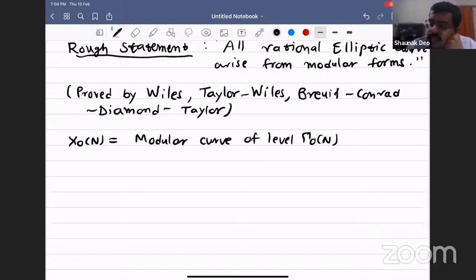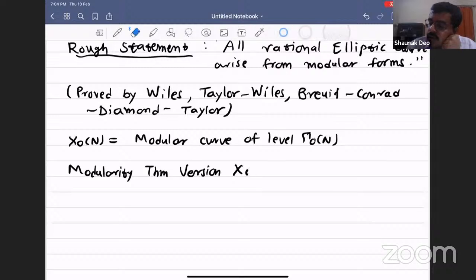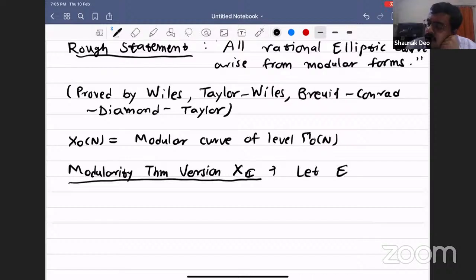Okay, so the first version that I had stated was the modularity theorem, version XC. This C will keep on denoting that we are over complex numbers. So this is a Riemann surface version and not the algebraic curve version yet, but we will see the algebraic curve version as well. It says: let E be a complex elliptic curve with rational j-invariant.